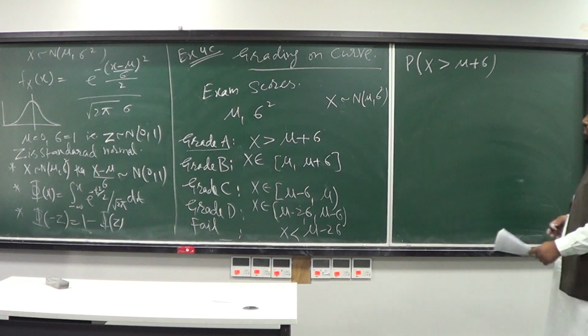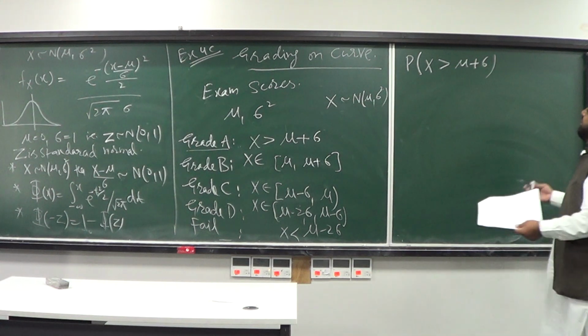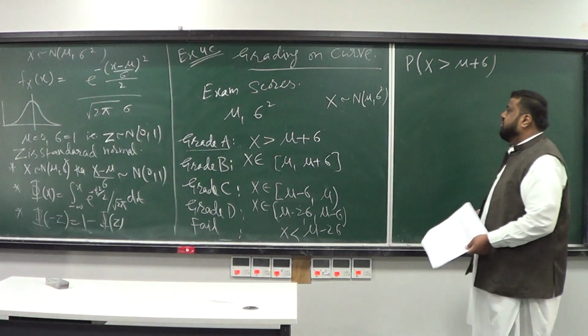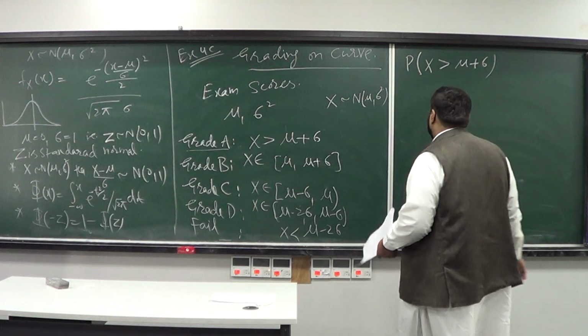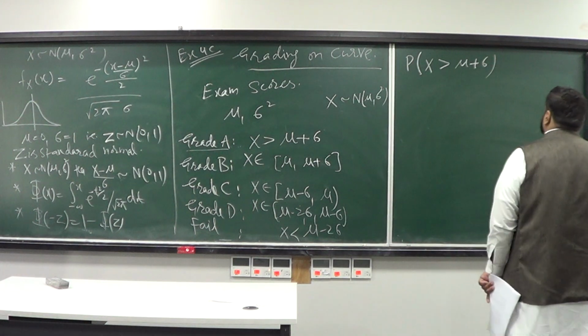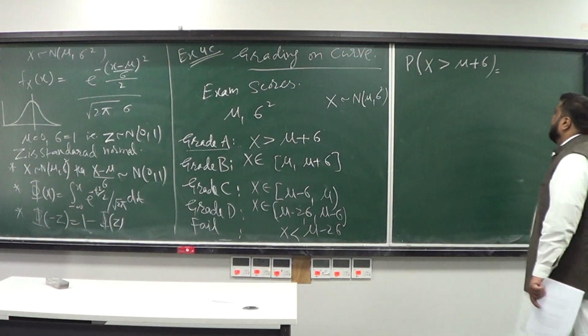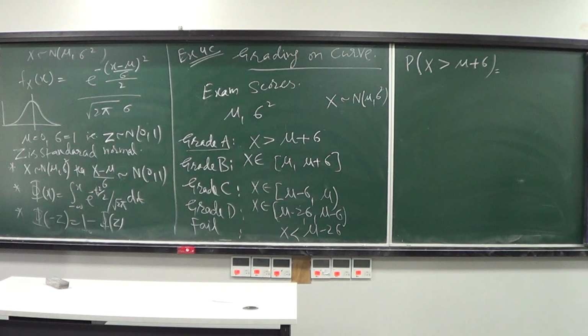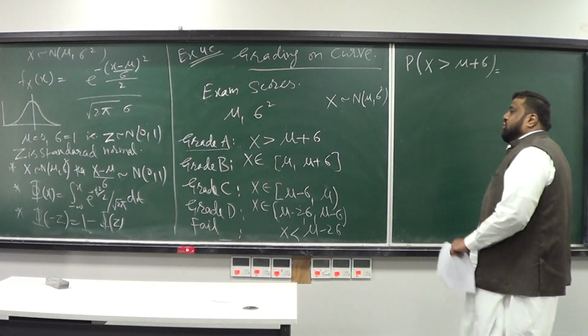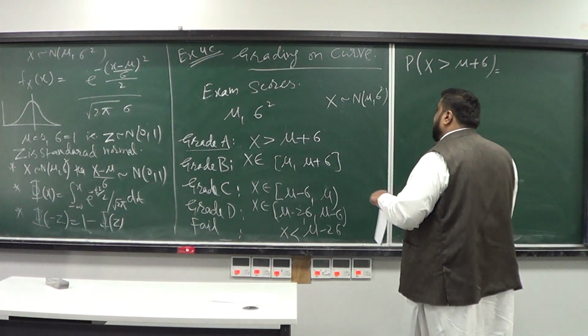Or you can also say, what percentage of the students should get an A grade in a fair kind of examination system? So if you want to compute this probability, the guiding principle is the same: you standardize it and then compute the probability.